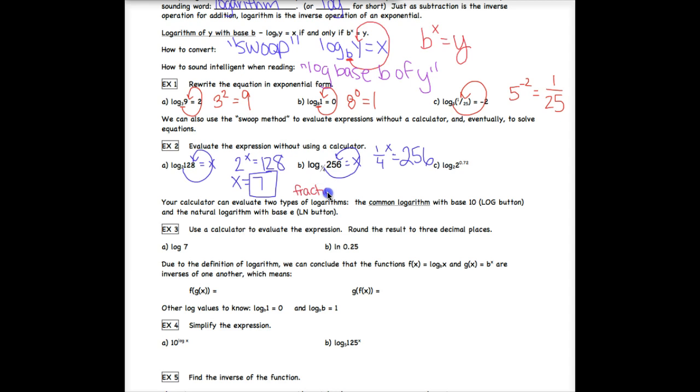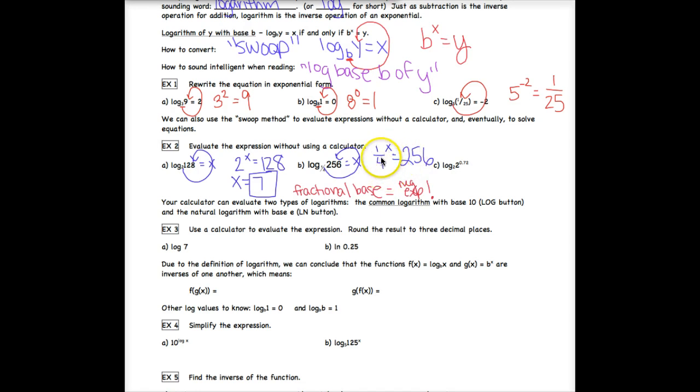When you have a fractional base, there should be some kind of flashing red light that goes off in your head that is going to tell you that you're probably going to have a negative exponent. Now, not always, because if this is a fraction 2, it'll be a positive exponent. But a lot of the times when you have a fractional base, you have a negative exponent because we have to flip it. Because you can easily find out what power of 4 is 256, but this is 1/4. So if you can answer what power of 4 is 256, then we just make that number negative.